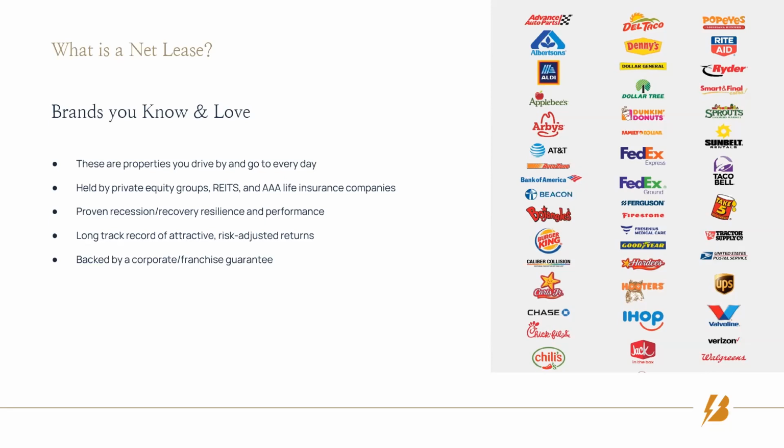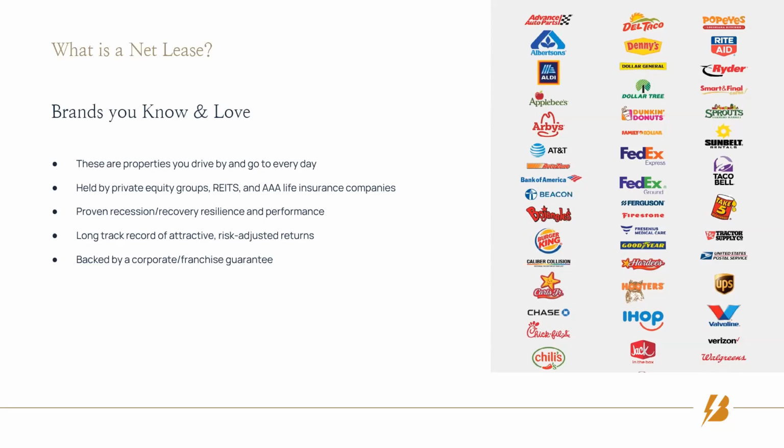But they're also held by private equity groups, REITs, real estate investment trusts, and AAA life insurance companies own these types of assets. And the reason why they own these assets is because they're proven to withstand recessions. They're proven to recover very quickly if there is any type of problem. But usually, as we'll talk about during COVID-19 here, virtually nothing really happened with any of these assets.